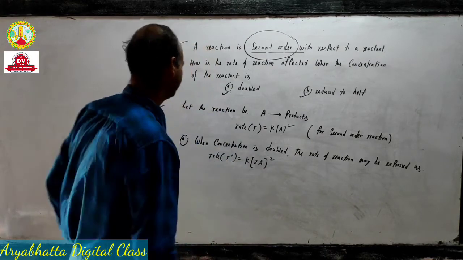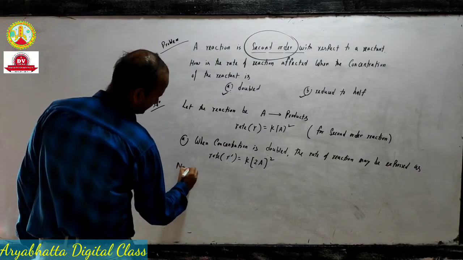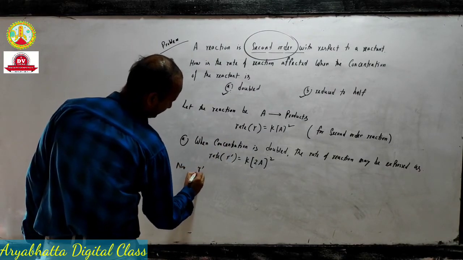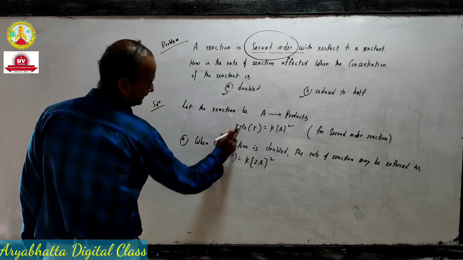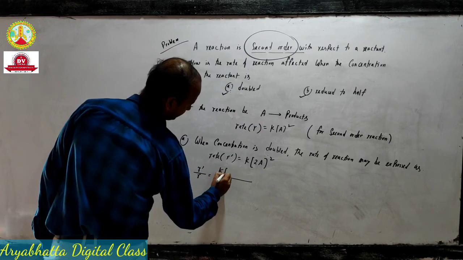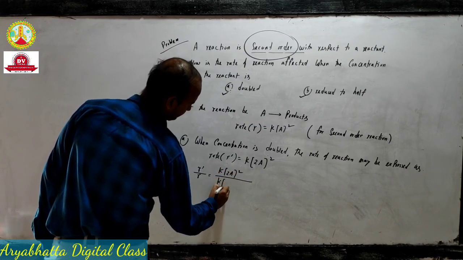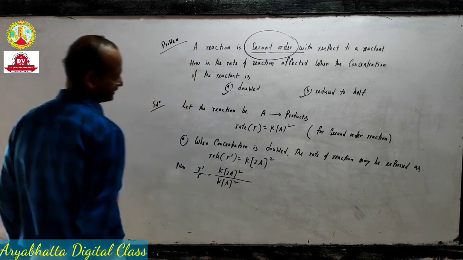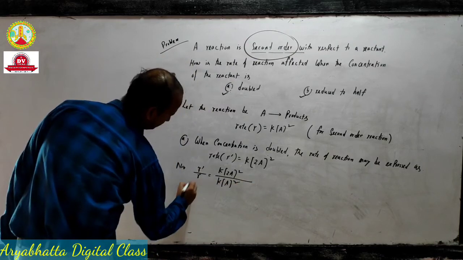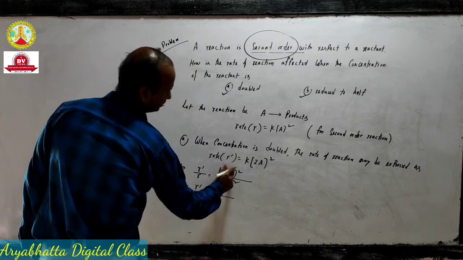Now let's see. उसको divide करना. R dash by R, this by this. This will be K into 2 square, next K A square. R dash by R will be 2 into 2, 4.